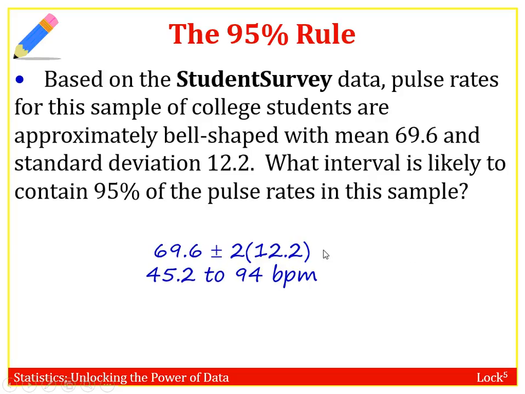In between those two numbers, we would get 95% of our data. So if you take 2 times 12.2, that's 24.4, and add that onto this mean, that's where the 94 comes from. If you take 2 times 12.2, which is 24.4, and subtract it from your mean, that's where the 45.2 comes from.